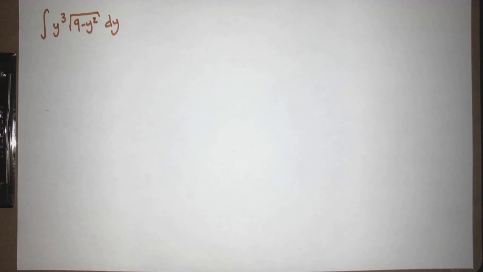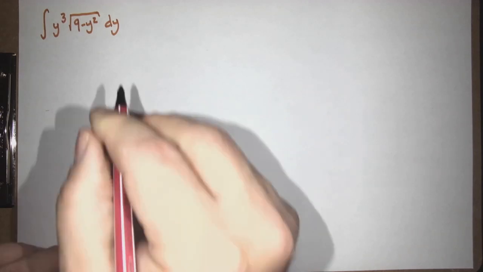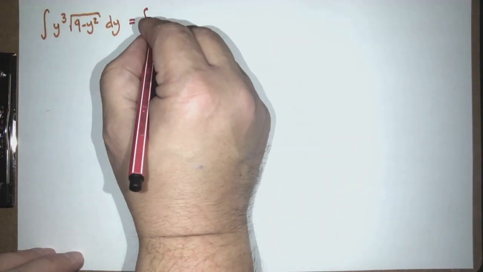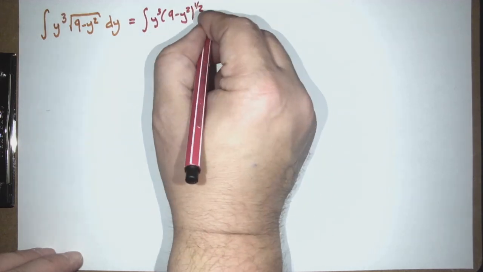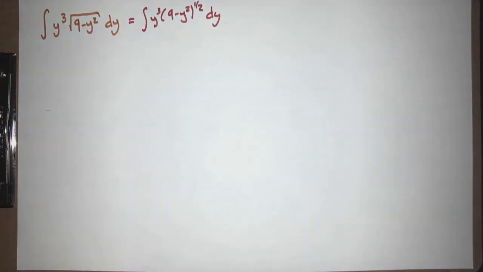What can we try? Make it into a 1/2 power. Okay, so we'll get there. Sure, we can start that. Integral y cubed times 9 minus y squared to the 1/2. Okay, what else can we do? Thinking substitution. Let's channel our inner substitutor.